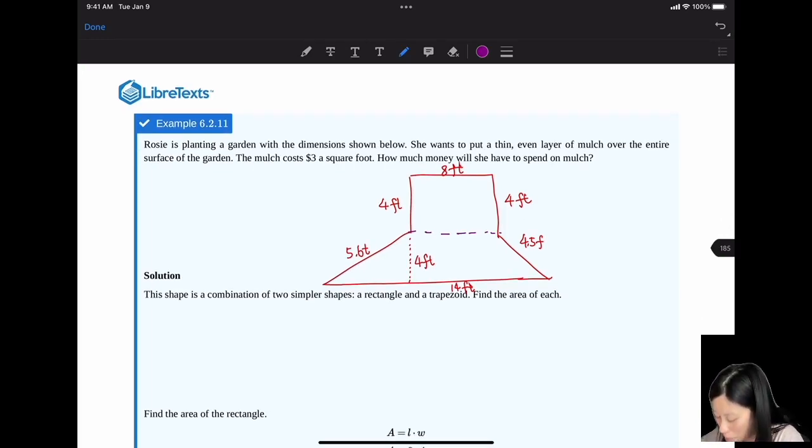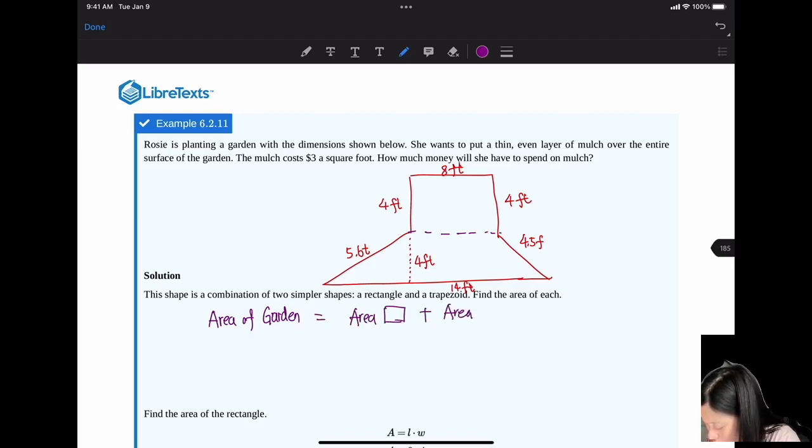So that means the total area of the garden equals the area of a rectangle plus the area of a trapezoid. The area of a rectangle is length times width. And the area of a trapezoid equals 1/2 times base 1 plus base 2 times the height.